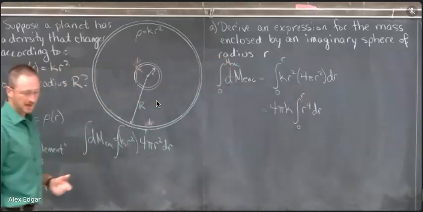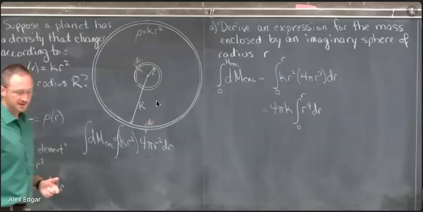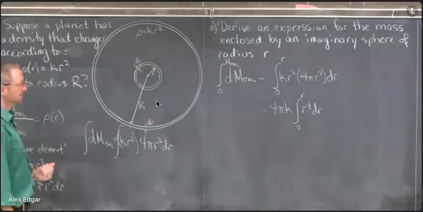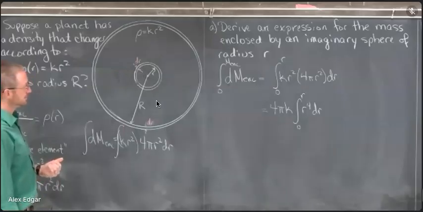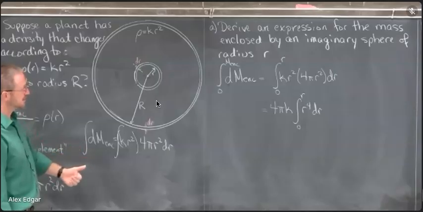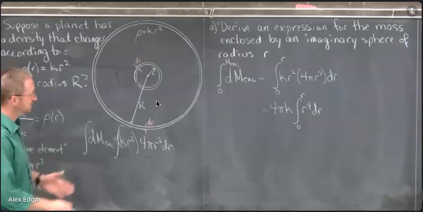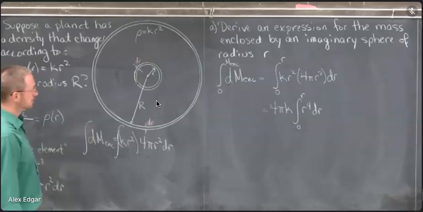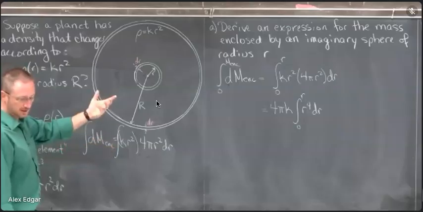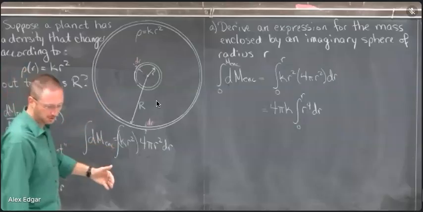What you should know from calculus is that anything that is a constant gets to come out of the antiderivative. So the 4, the pi, and the k, they're all constants. They get to go along for the ride, so they come out of the integral, the antiderivative. And then we can focus on just the variable. So with this polynomial here, you increase the exponent by 1, divide by the new exponent.